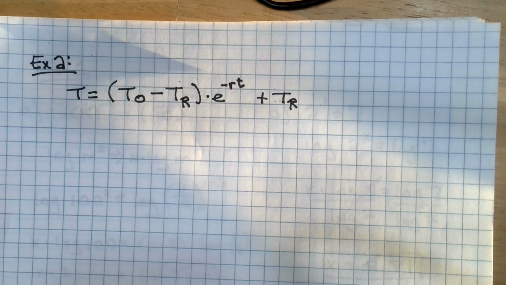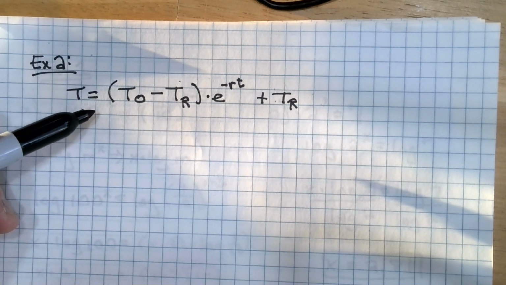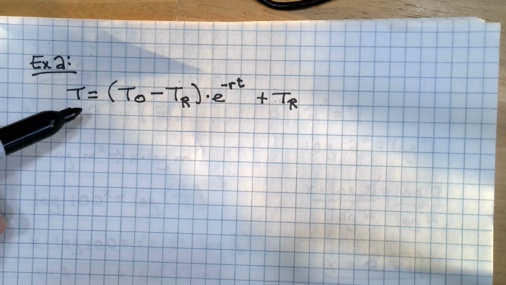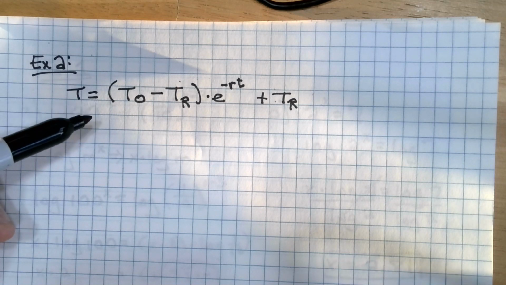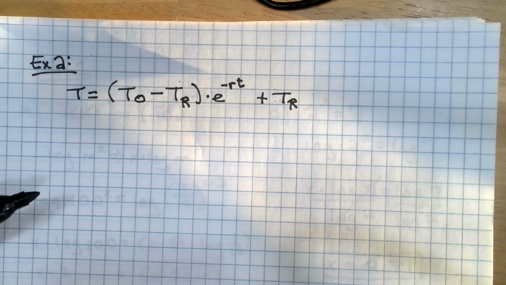The room temperature is 70 degrees Fahrenheit, and the cooling rate of the stew is R equals 0.046. Using Newton's law of cooling, which is this big formula right here. This is Newton's law of cooling, in case you didn't know that. Physics, maybe? I don't know. Using Newton's law of cooling, they want you to determine how long it'll take the stew to cool to a serving temperature of 100 degrees.